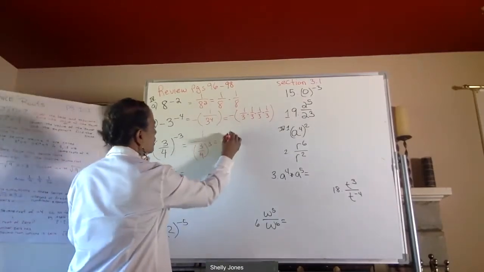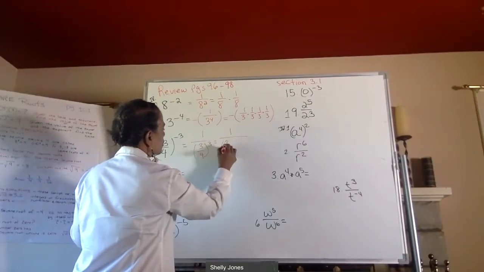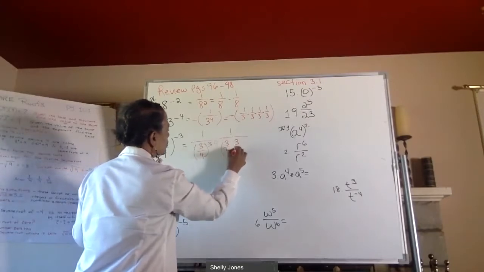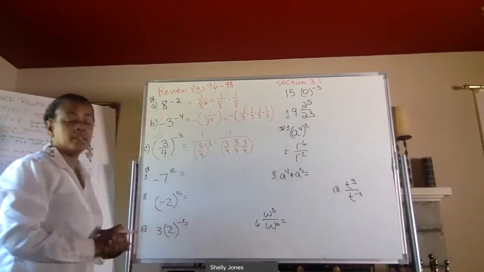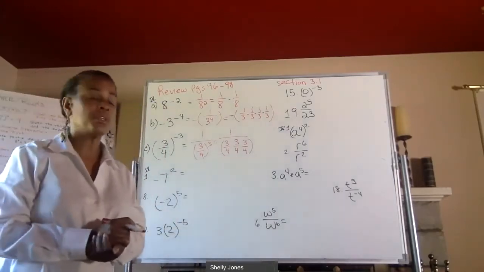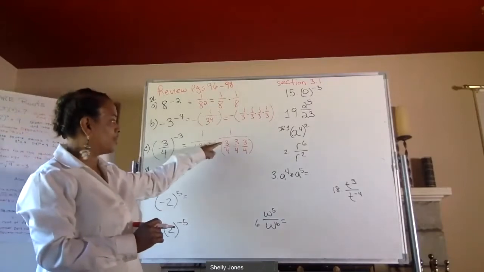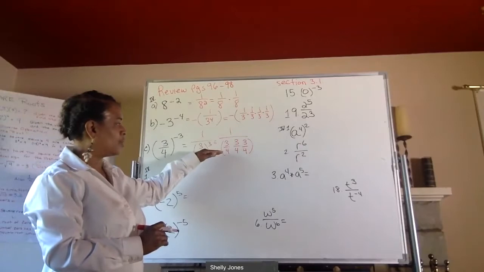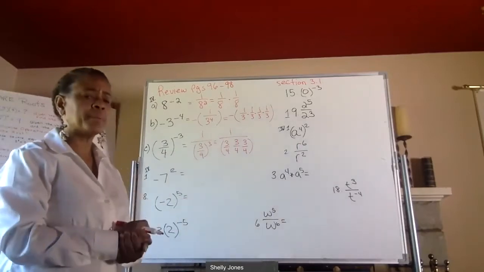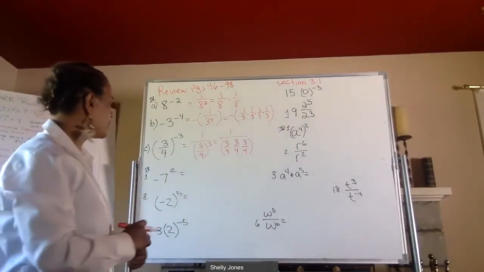It equals 1 over 3/4 times 3/4 times 3/4. And again, I can go ahead and answer that question as 1 over 3 times 3 times 3 is 27 over, and in fact, I'm going to do that just because I want to show you something here.